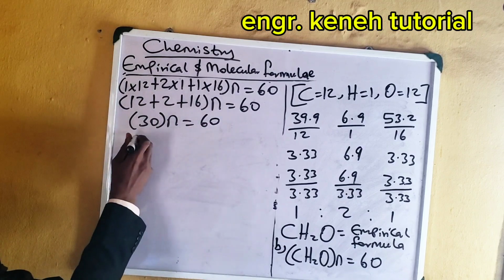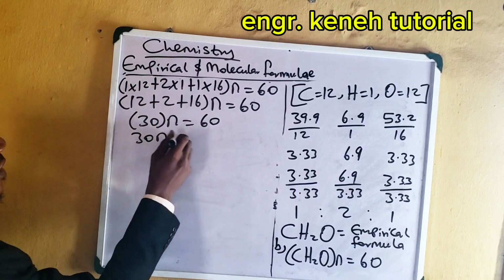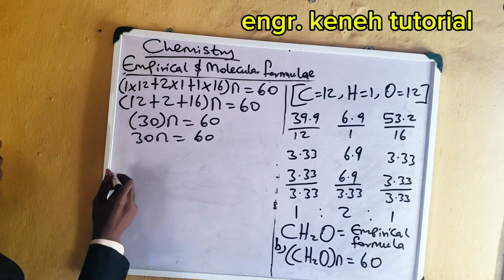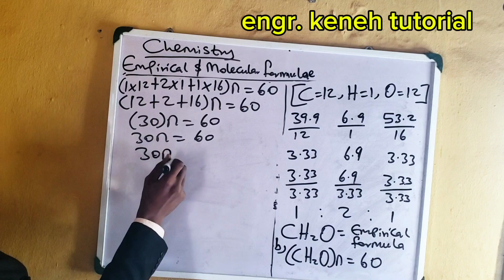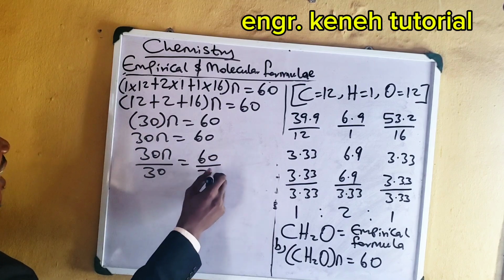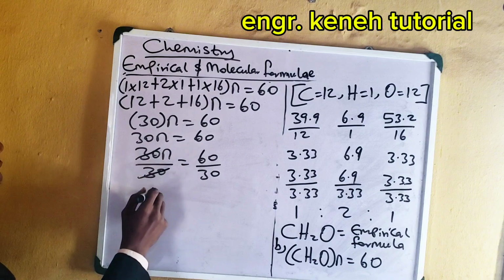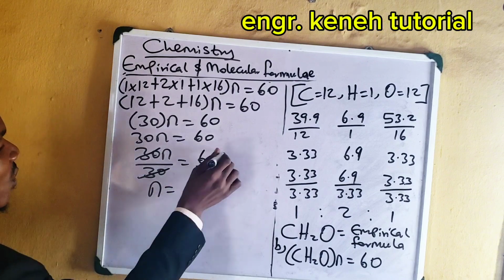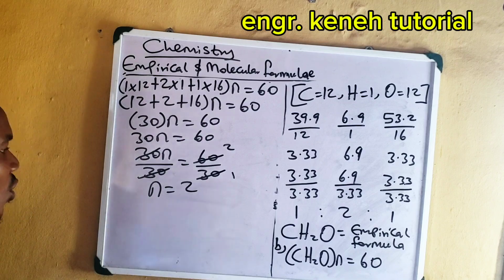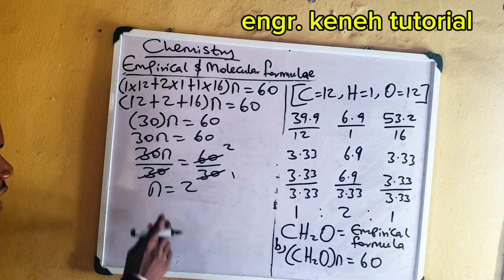So when you multiply this, you have 30n is equal to 60. Divide both sides by the coefficient of n, which is 30. You have 30n over 30 is equal to 60 over 30. When you divide this, you have n is equal to 2. We have gotten the value of n.